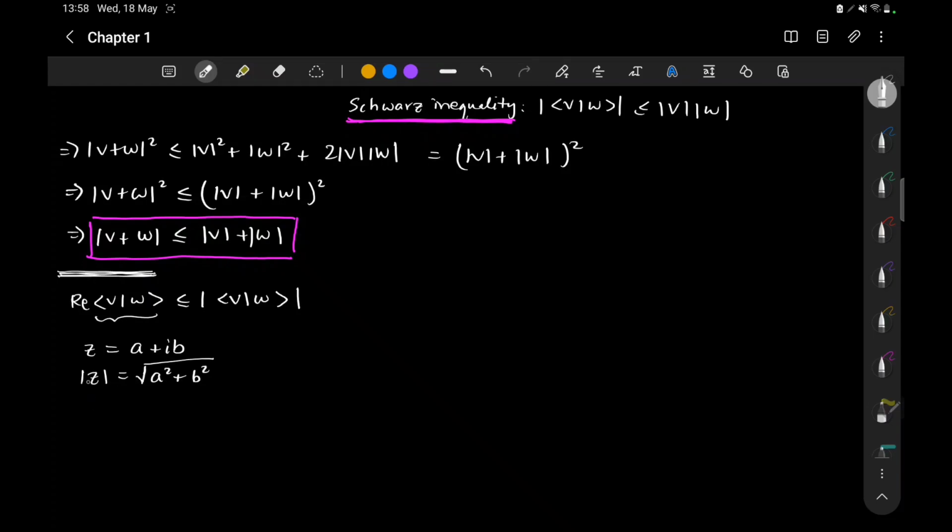Now clearly we see that the real part of z is equal to a, and a will be less than or equal to the square root of a squared plus b squared. The equality over here will happen only when b equals 0. So when b equals 0, we get a is equal to square root of a squared, which is equal to a.